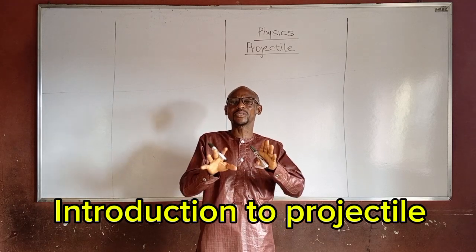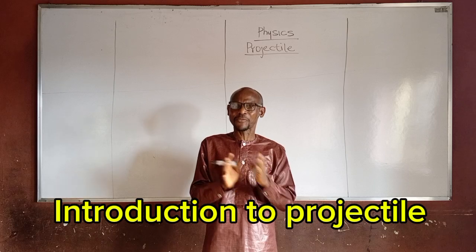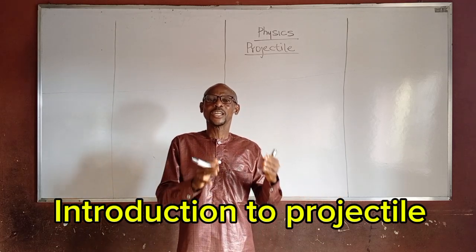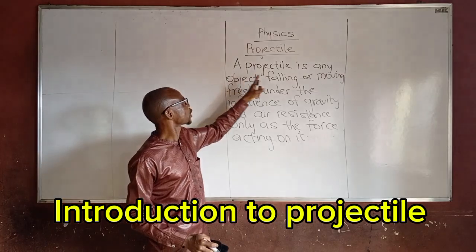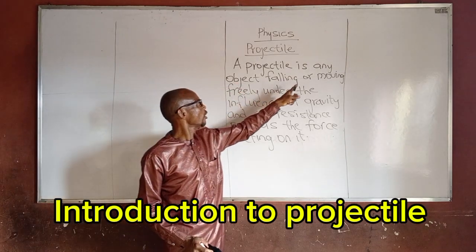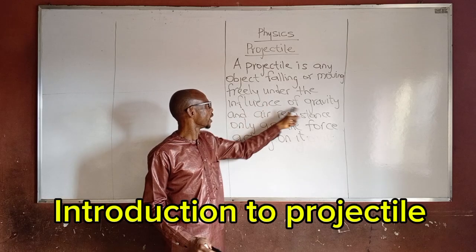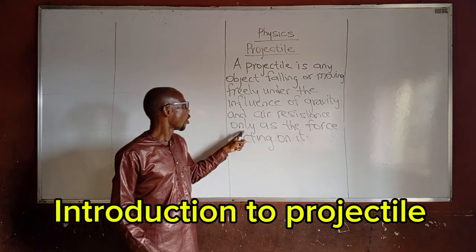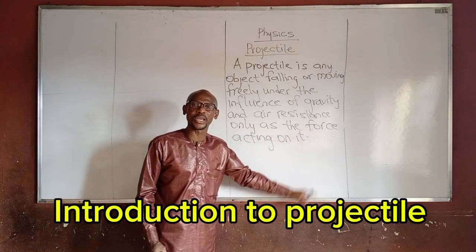So we don't reckon air resistance in our calculation. The only force that affects a projectile under our calculation is the force of what? Gravity. A projectile is any object falling or moving freely under the influence of gravity only as the force acting on it.